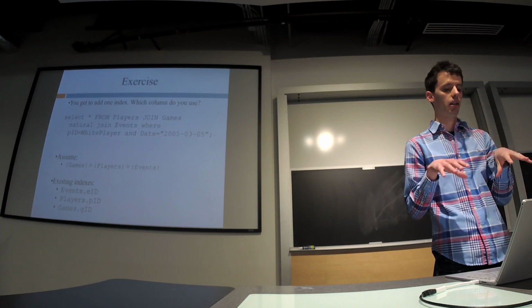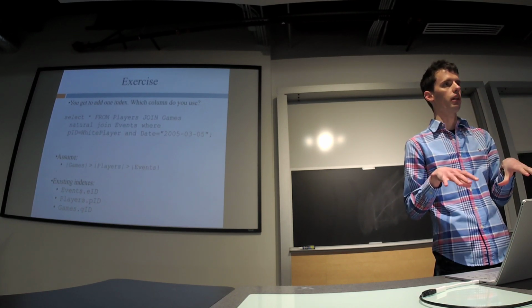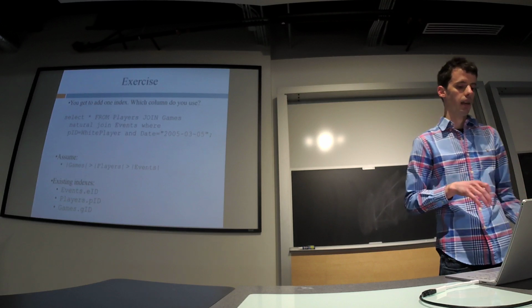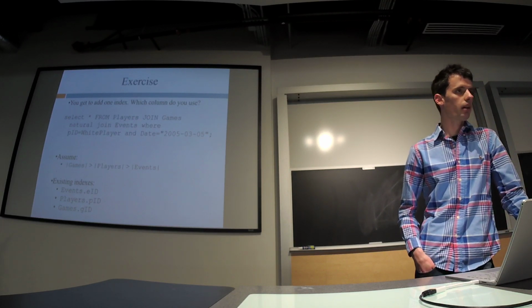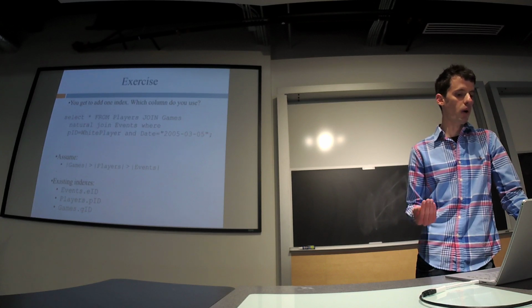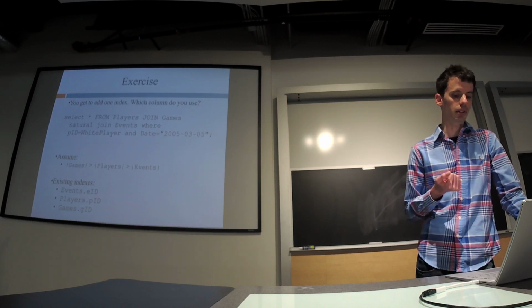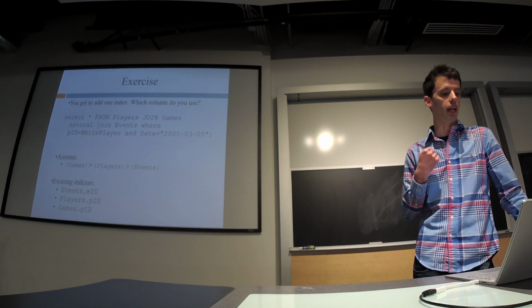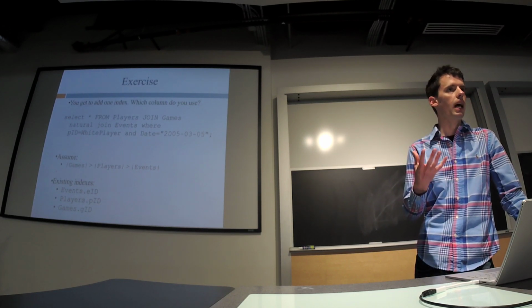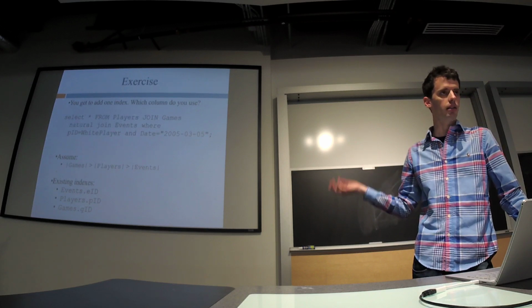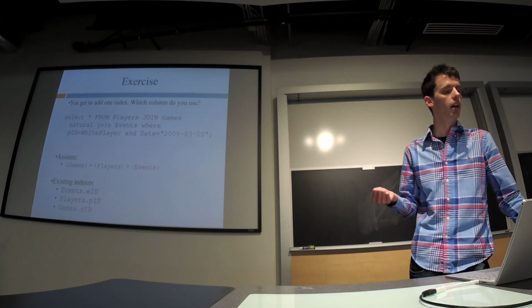So games and events can be natural joined on the event ID. And then we're joining where PID equals white player and date equals some certain date. So basically we want to know who are all the people that played as white on this date. Okay.